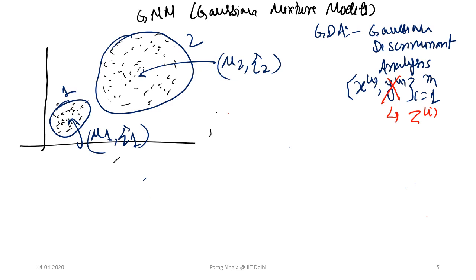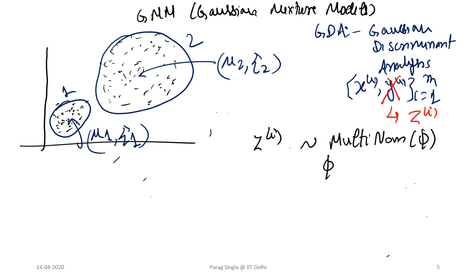As in the case of GDA, this model will have two components. The first one will be the prior probability of each point belonging to a certain cluster, which is essentially zi, and zi will be given by a multinomial distribution with parameters phi.